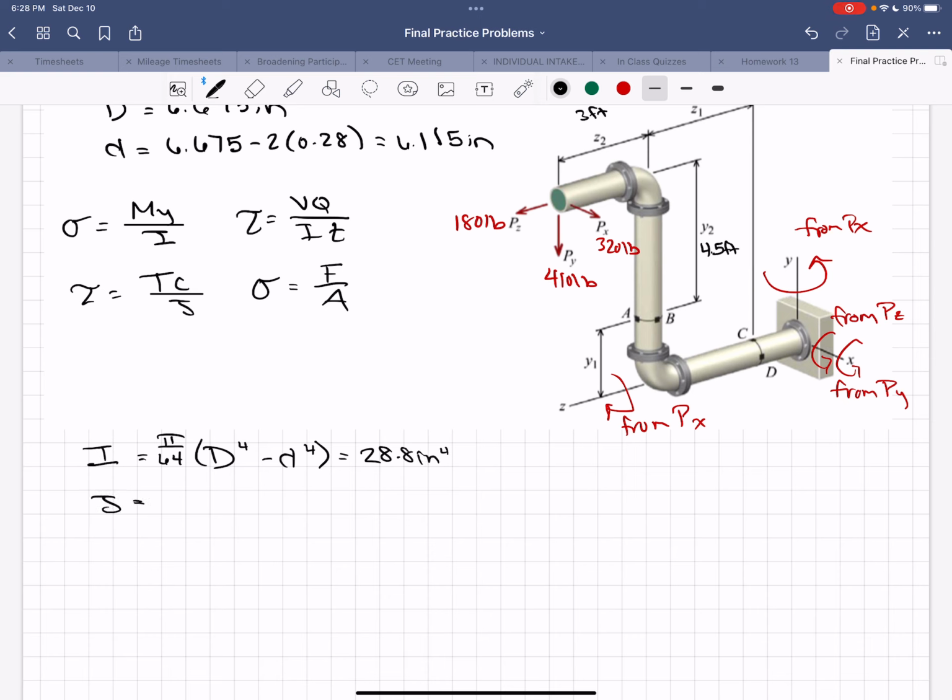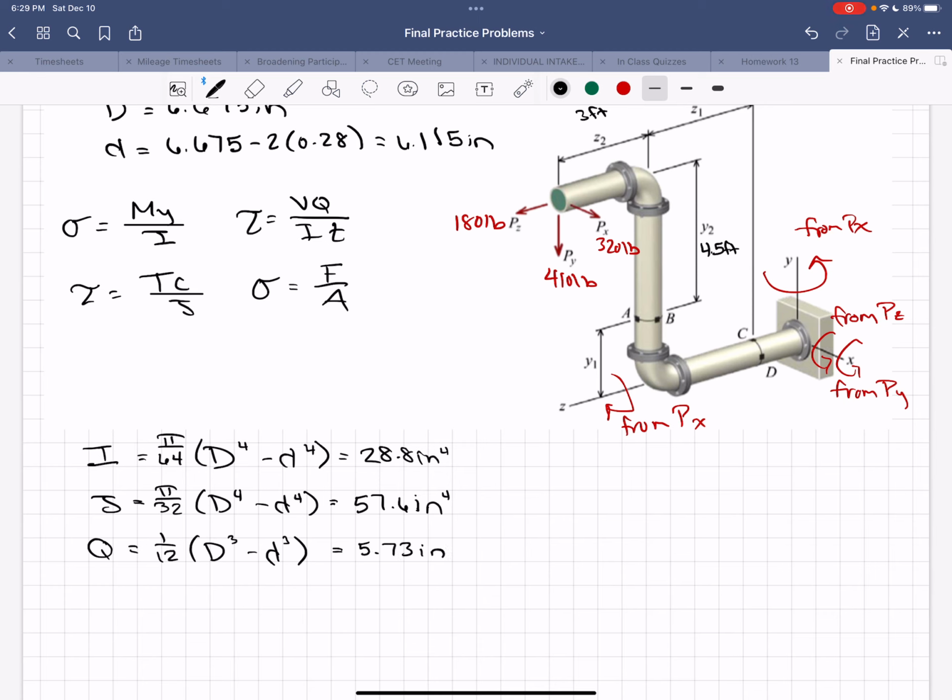Our polar moment of inertia is pi over 32, big D, outer diameter to the 4th minus inner diameter to the 4th. It's twice the I, so we get 57.6 inches to the 4th. Q, since we have a circular shape, will be 1 over 12 times outer diameter cubed minus inner diameter cubed.